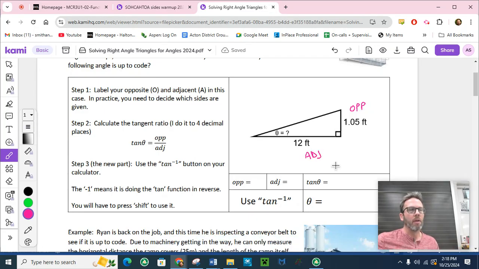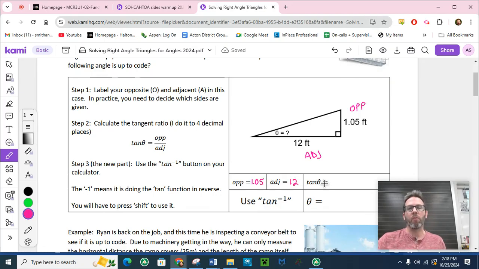In practice, you can label your sides or just make a mental note of what they are. In this case, it's opposite and adjacent, so we're using the tangent ratio. The opposite is 1.05, and the adjacent is 12.